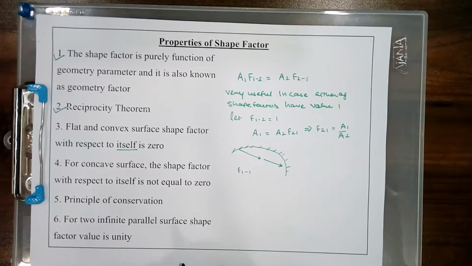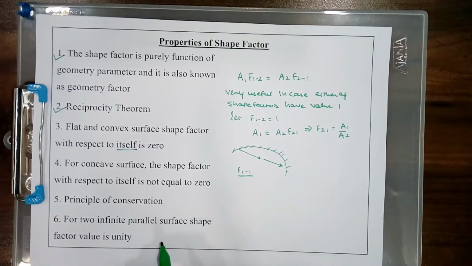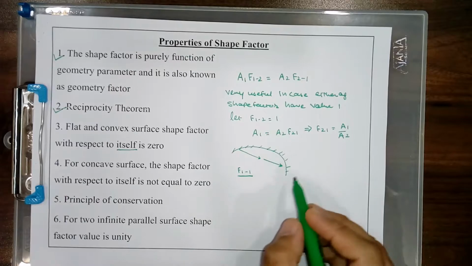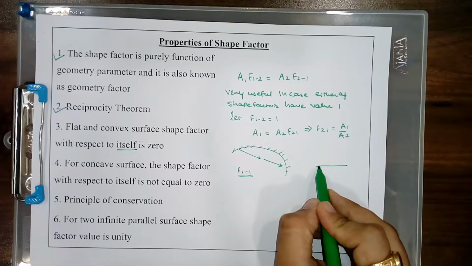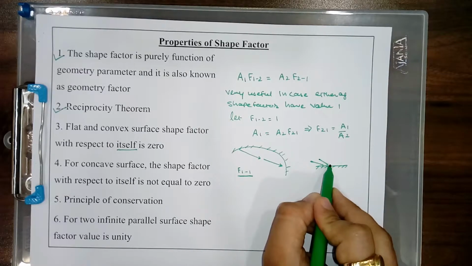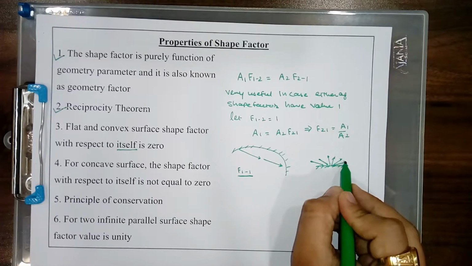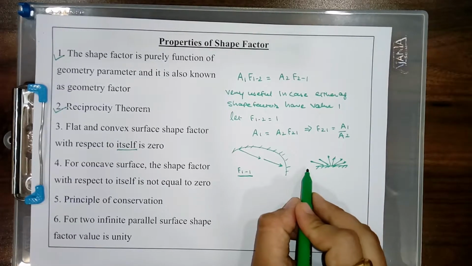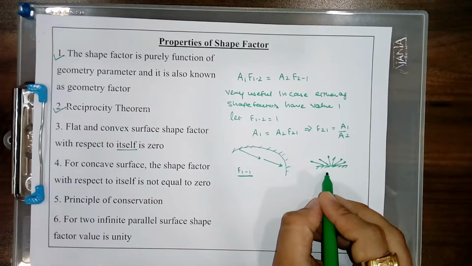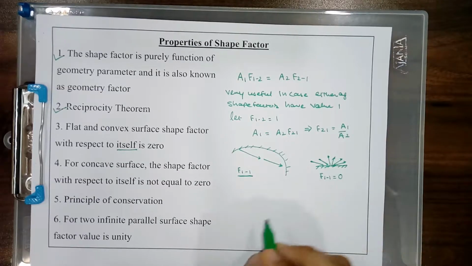In that type of case we need to consider the shape factor with the surface itself. For a flat surface, like suppose this is my flat surface, the energy leaving from the surface does not fall on this surface, and that's why this F11 becomes 0.